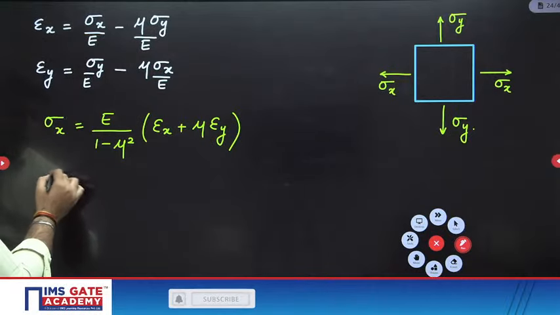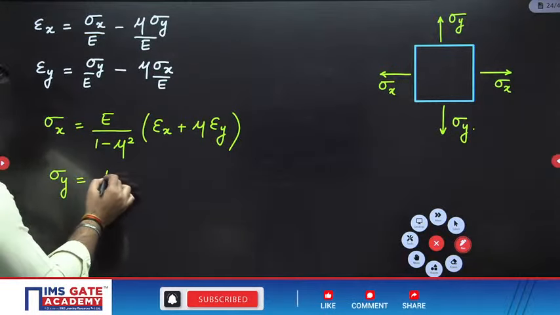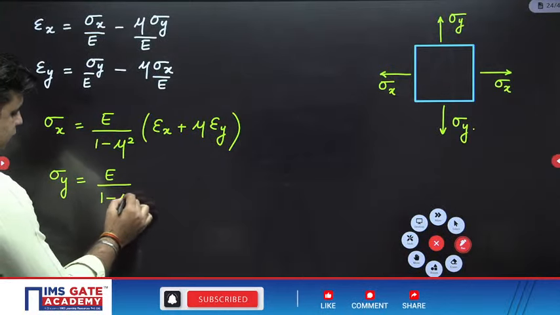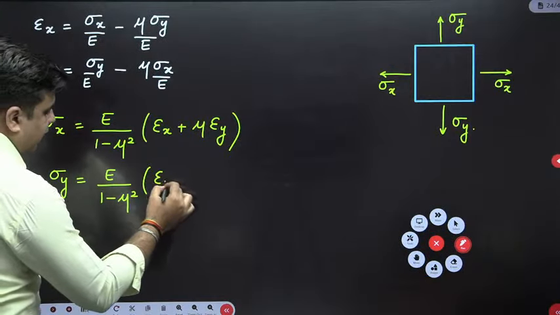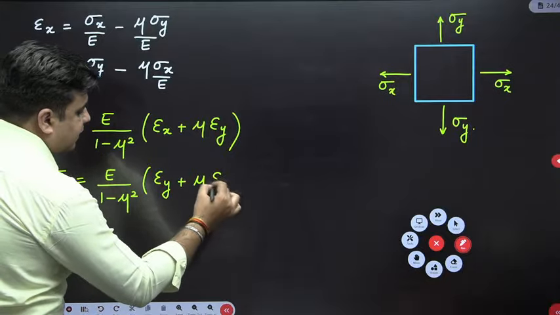Similarly, sigma y is equal to E upon 1 minus mu square into epsilon y plus mu times epsilon x.